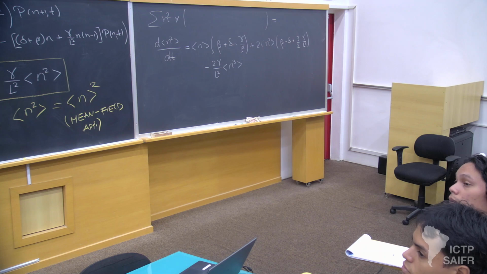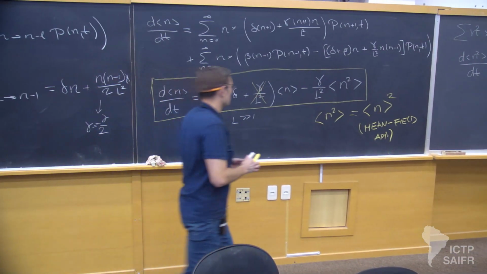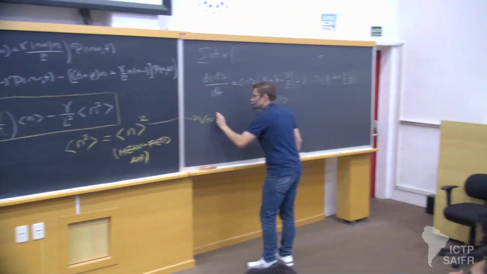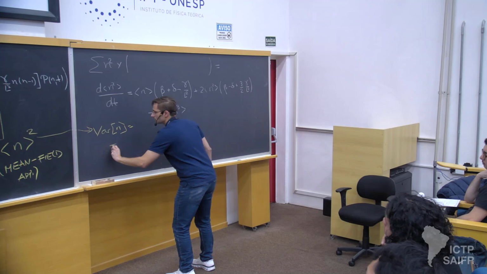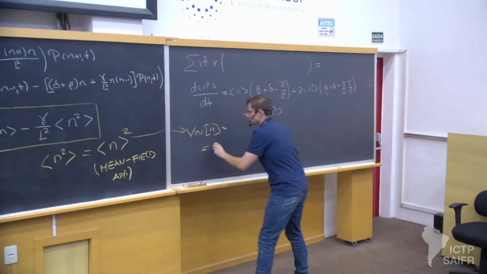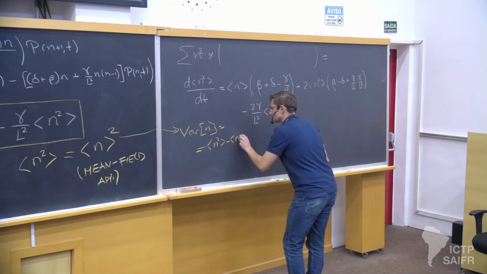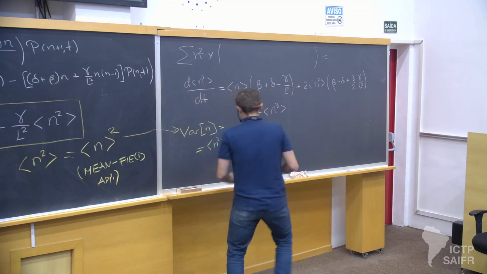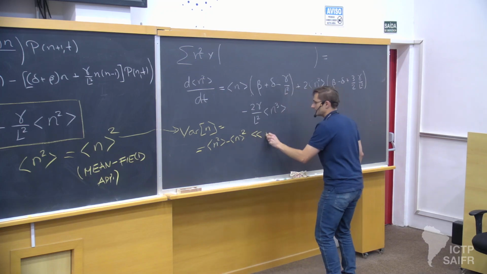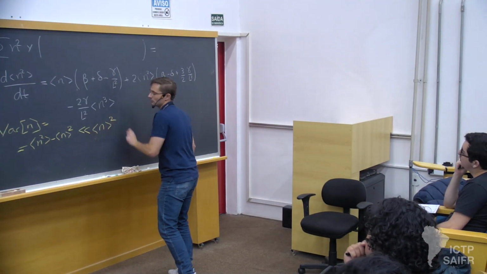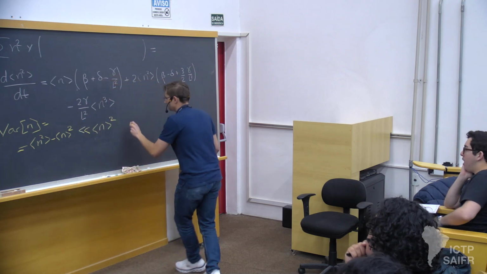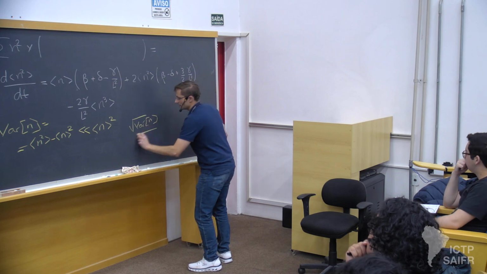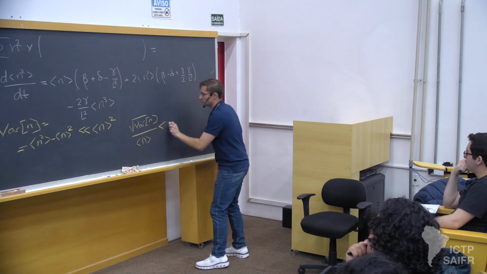The variance equal to 0. So what does this mean? Let me go here. The variance of n is equal to the mean value of n squared minus the square of the mean. Actually, what I'm doing is I am assuming that this is much smaller than the mean value of n squared. And if you want to play with relative fluctuations, what I am assuming is that the variance of n divided by the mean value is much smaller than 1.